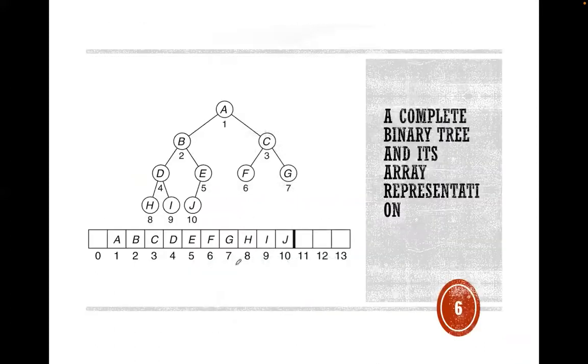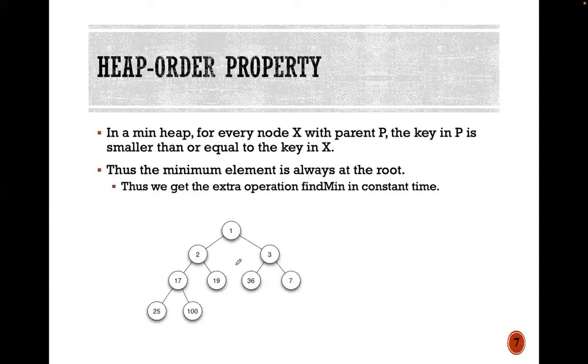The ordering property says that in heap we can have two types of heap. One is min heap, another type of heap is max heap.